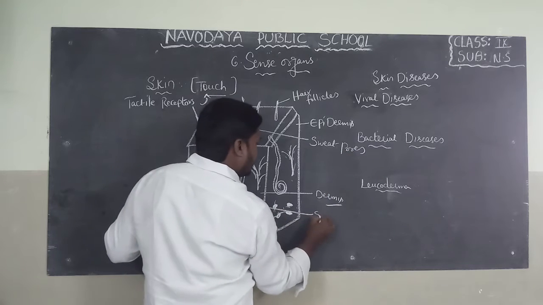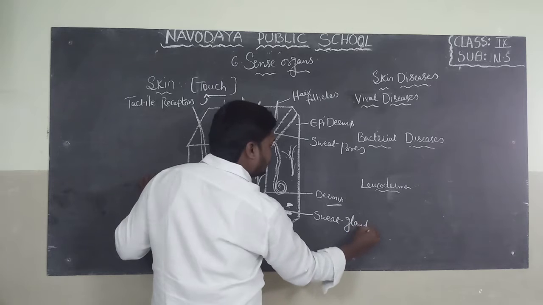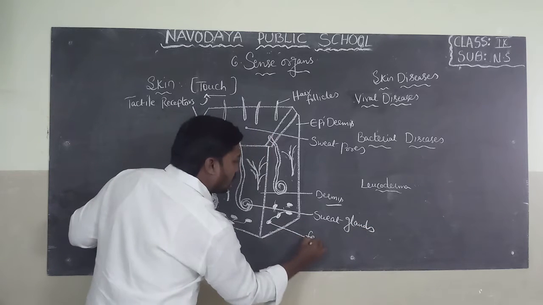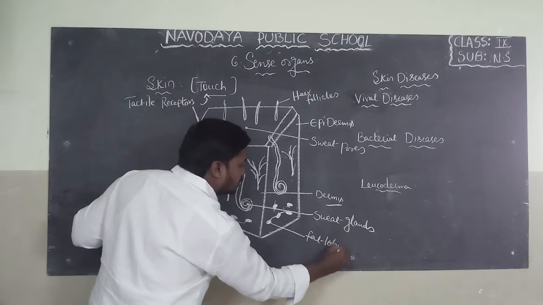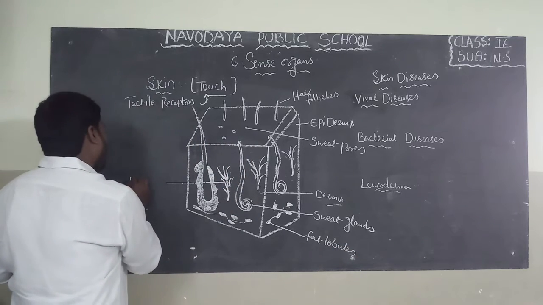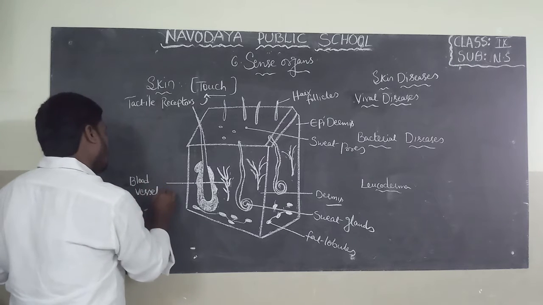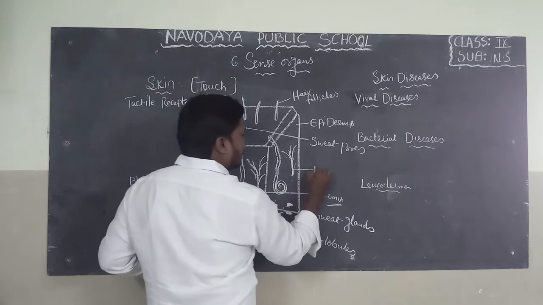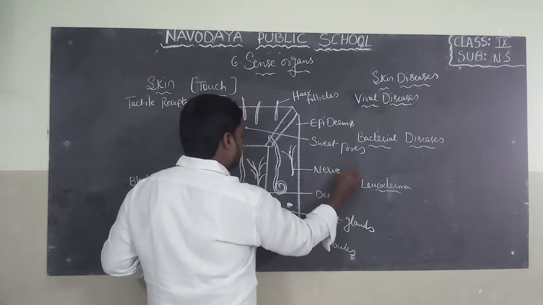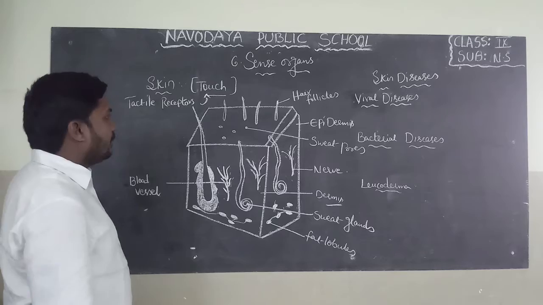These are called sweat glands. And these are called fat globules, and this is a blood vessel, and this is a nerve. So this is about skin.